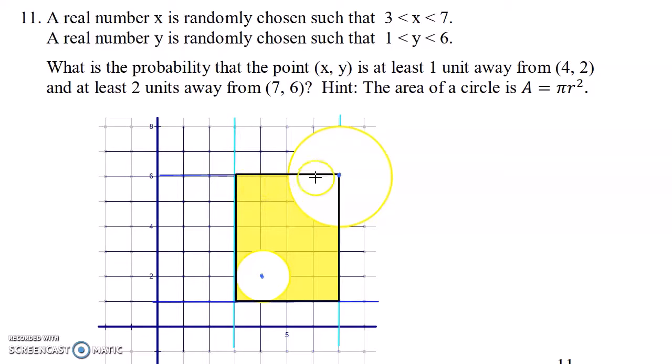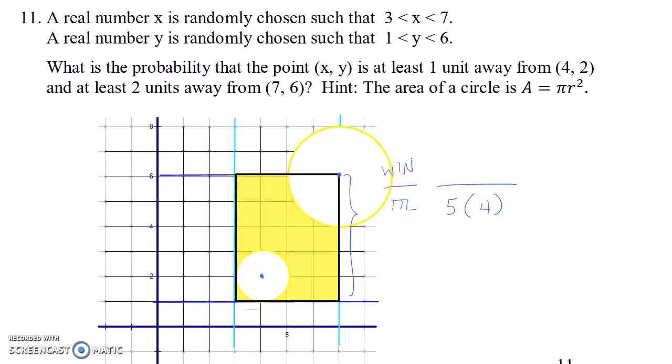So now just the shaded region inside the black rectangle is what we're looking for. So the black rectangle is 5 units high and 4 units across. So that's my total.